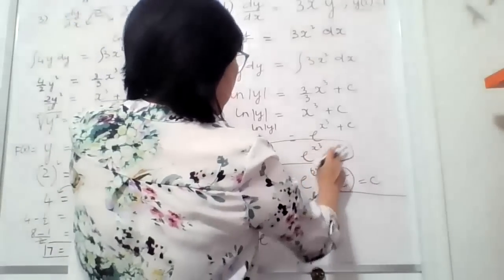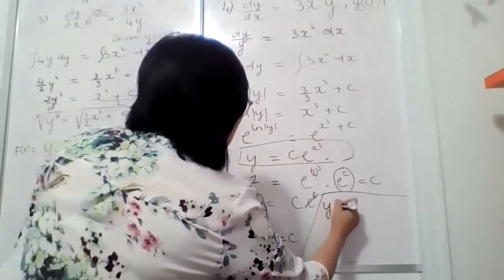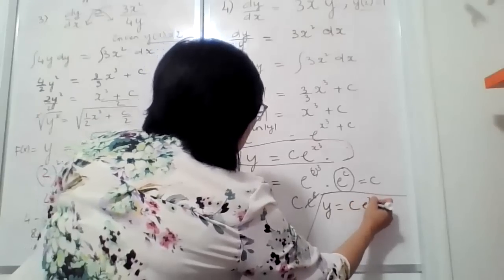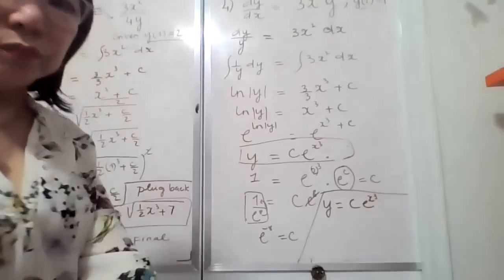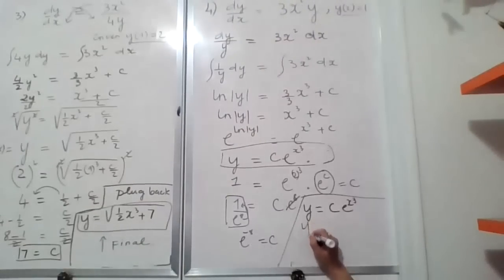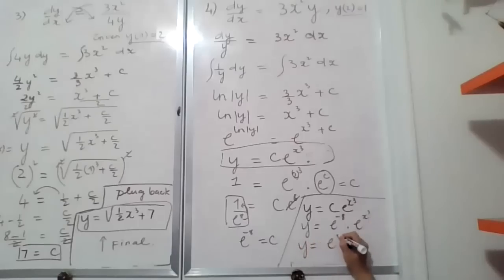And we change this, it becomes c, right? So this becomes y equal c e to the x to the power 3. And remember, we can substitute c by this value. So we have y equal e to the minus 8 times e to the x to the power 3, which is the same as e to the x to the power 3 minus 8. So that is our final equation.